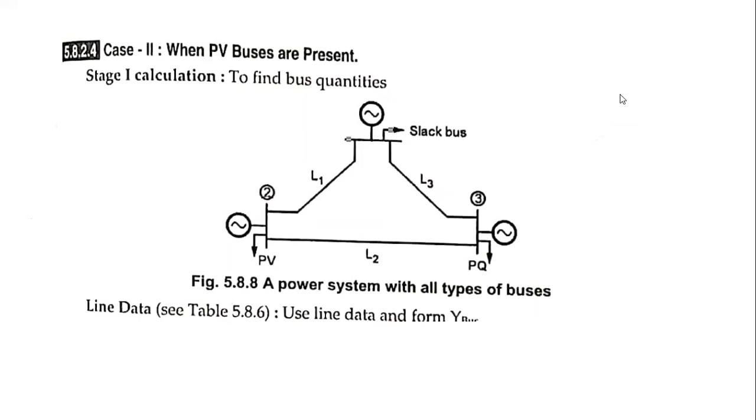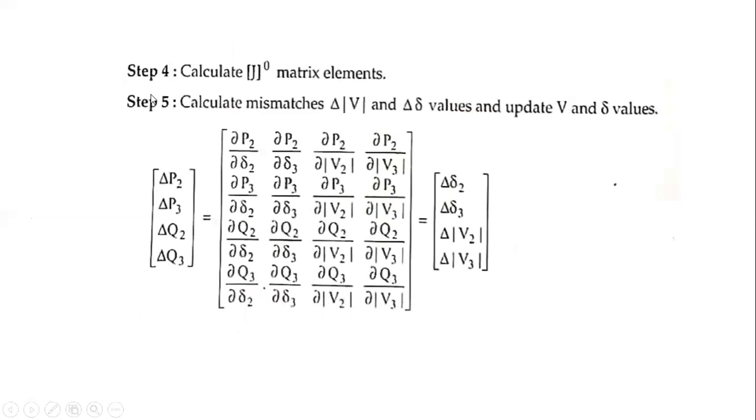In the next class we are solving one problem related to the Newton-Raphson method when the PV bus is present and when the PV bus is absent. By understanding the steps, we will write the flow chart for the Newton-Raphson method easily.